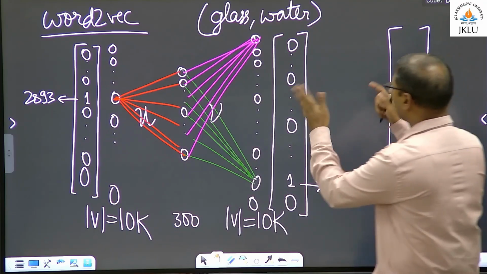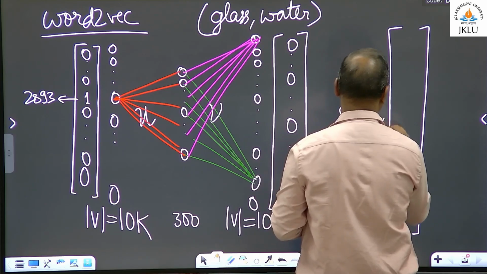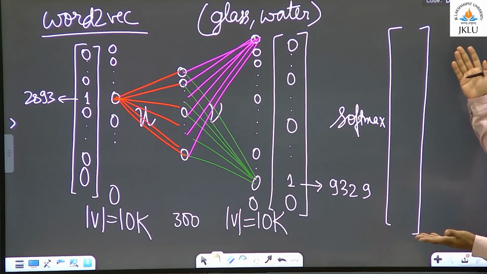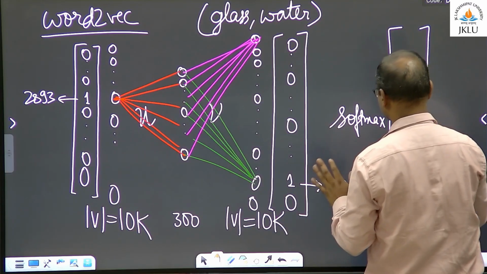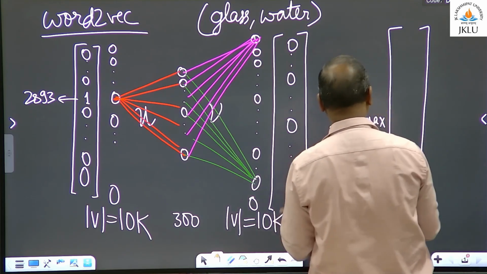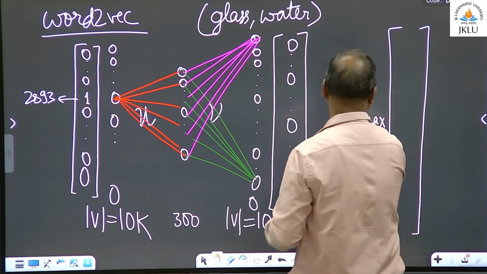So you take softmax of this whole vector, okay, and then finally you will get Pi's. So after taking softmax, I'll remove this softmax now.